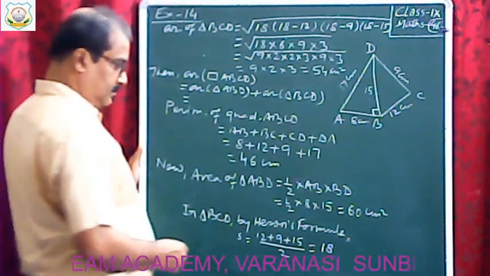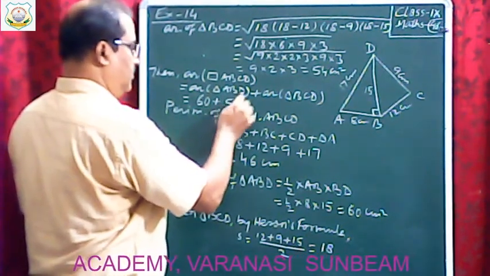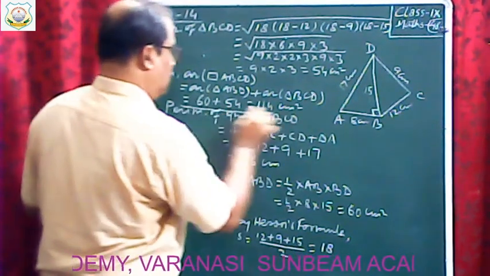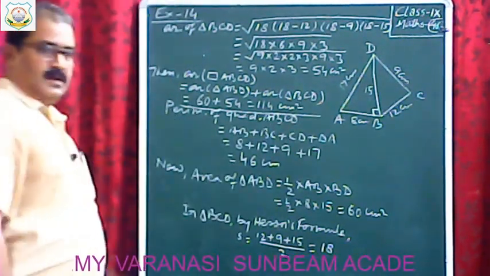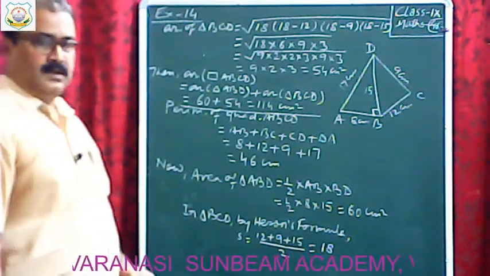ABD we get 60 plus 54, 114 centimeters square. That is your answer. Okay. Done, everybody?